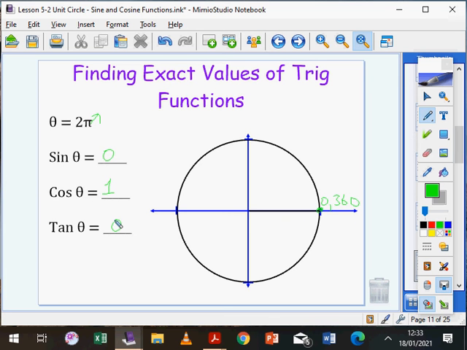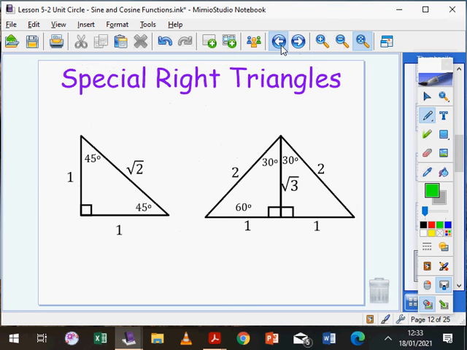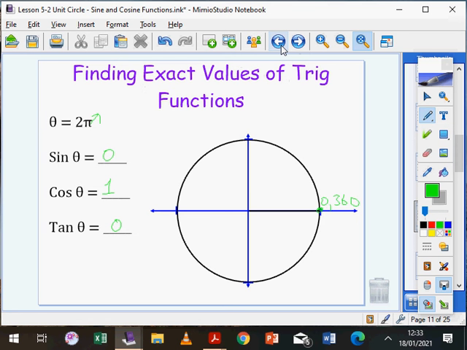Just to clarify, this is 0 and 360, and 360 is the same thing as 2 pi. This is 90 degrees, or pi over 2. This is 180 degrees, which is the same thing as pi, and this is 270 degrees, which is the same thing as 3 pi over 2.